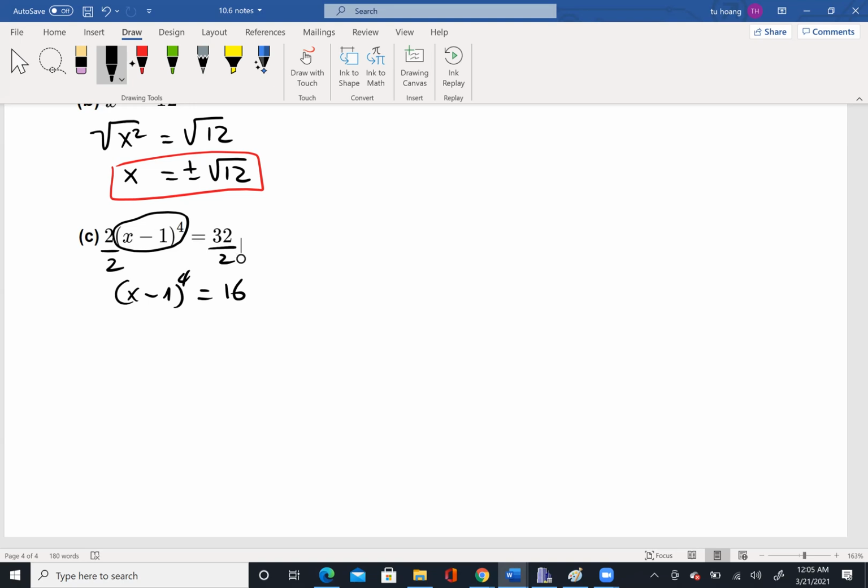And now, in order to get rid of the power 4, I need to take the fourth root of both sides. And I will have x minus 1 equal to the fourth root of 16. So I'm going to have plus and minus. Remember that in here n equal to 4 is even, right? Plus and minus the fourth root of 16.